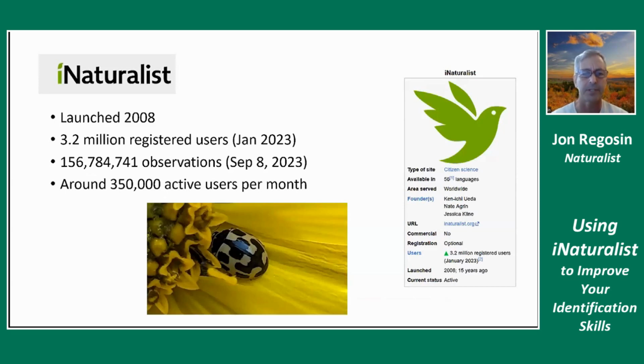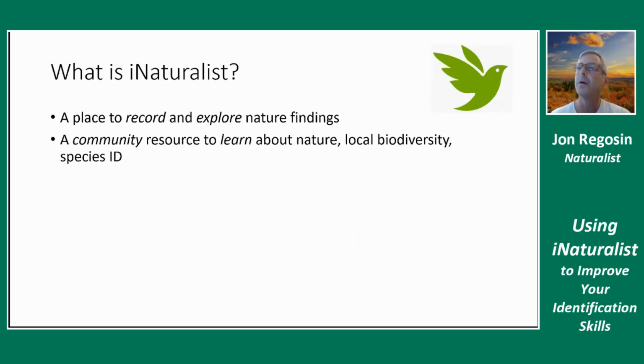Now it's become its own nonprofit organization. So what is iNaturalist? It's a place to record and explore nature findings. And it's really also a community resource to learn about biodiversity and identification.